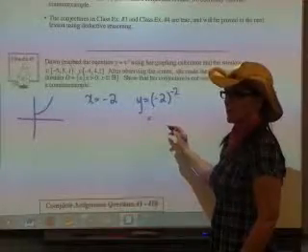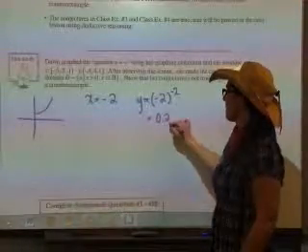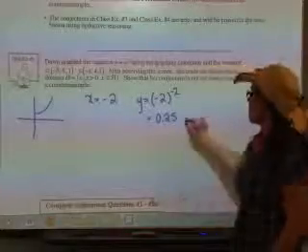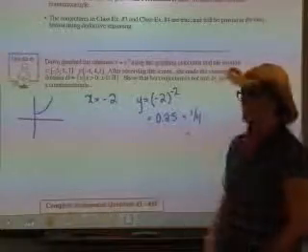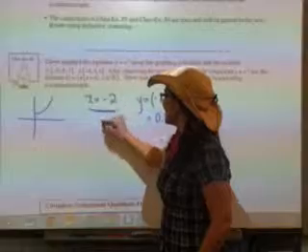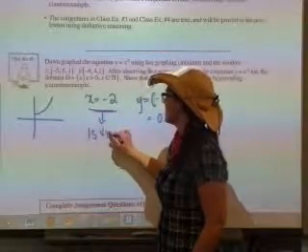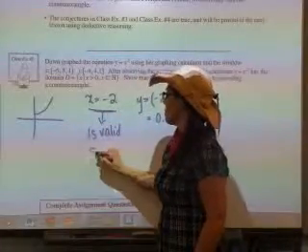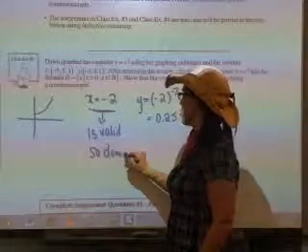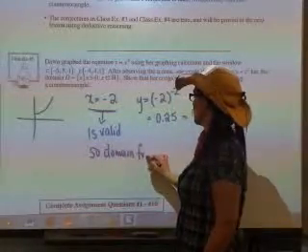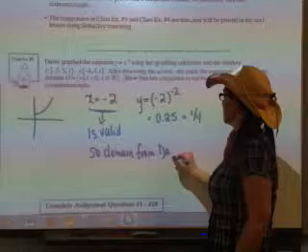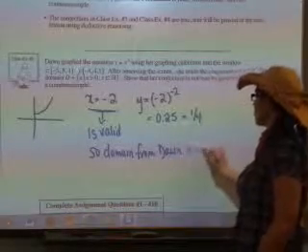Be positive 0.25. Oh, right. So I get positive 0.25 or 1/4, which means this is valid. So the domain from Dawn is not true.